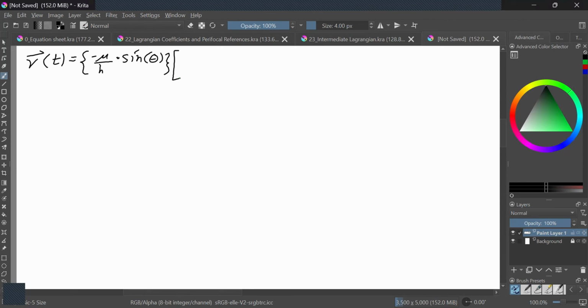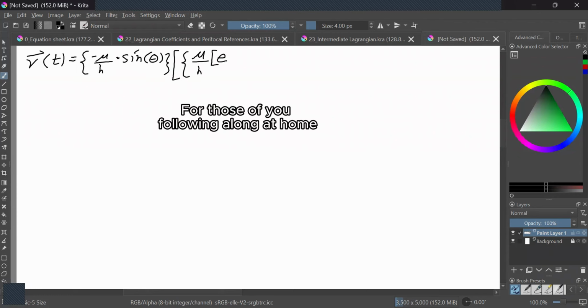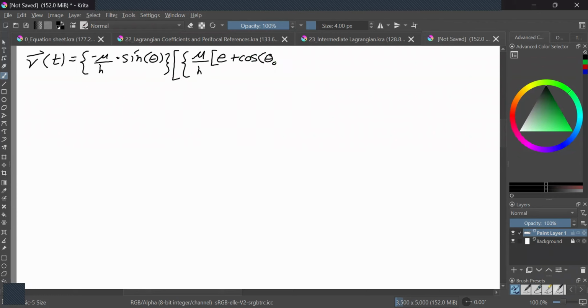This will then be scaled by p, which we just covered is mu by h times e plus cosine of theta naught. That is in the r naught direction.